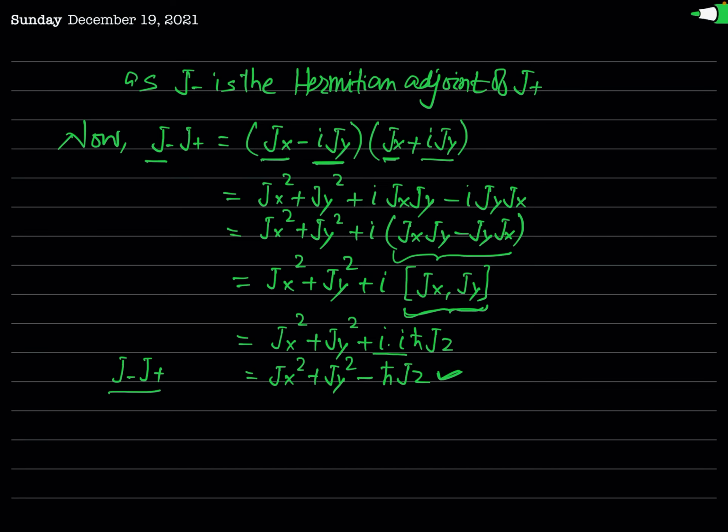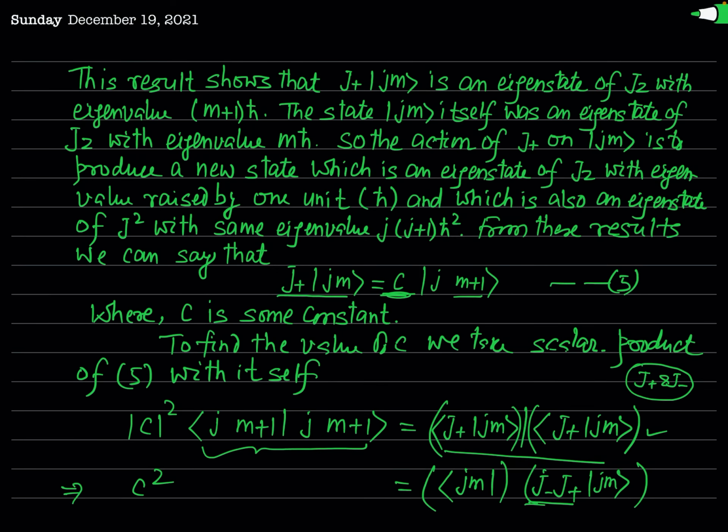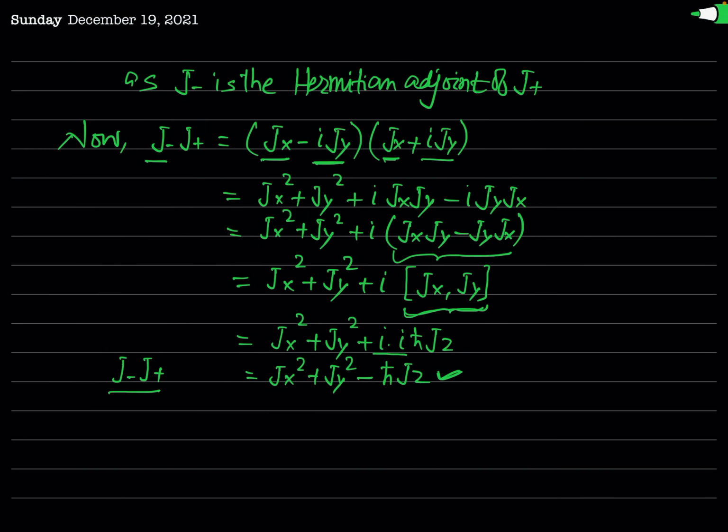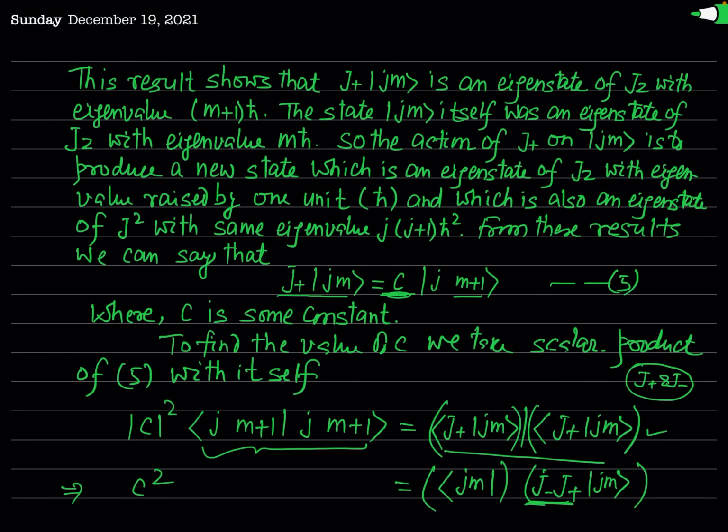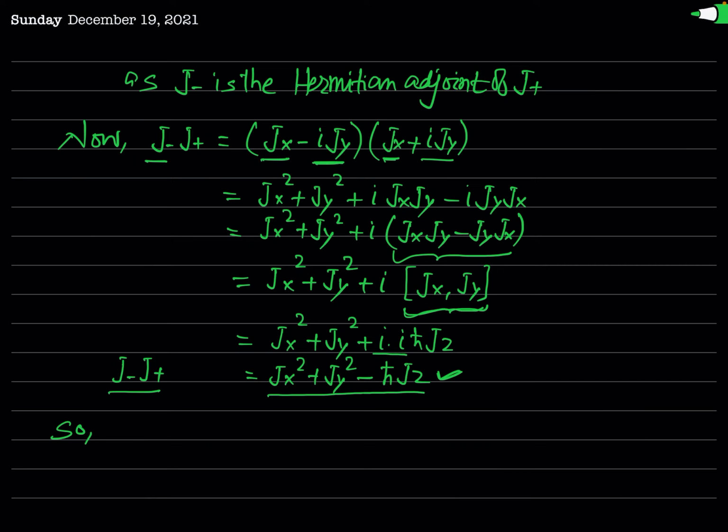Now we will use this result in this equation. In place of J minus J plus, we will write the expression Jx square plus Jy square minus h bar Jz. I have not written an equation number here, so let us say this is equation 6.